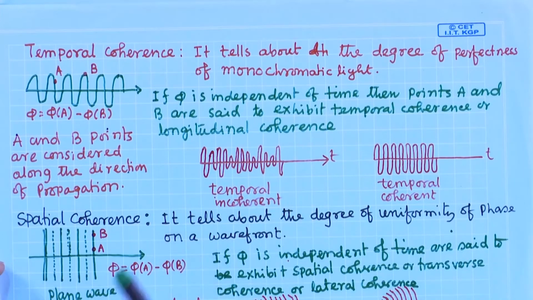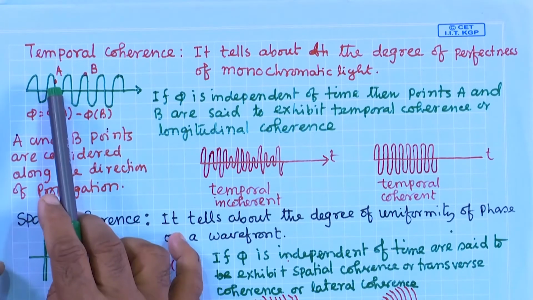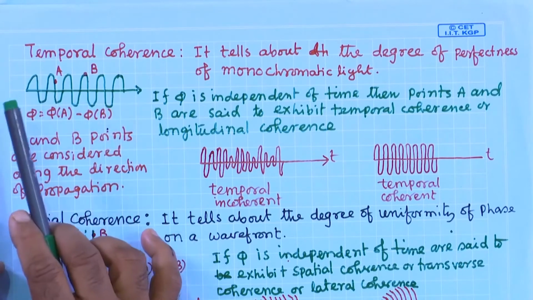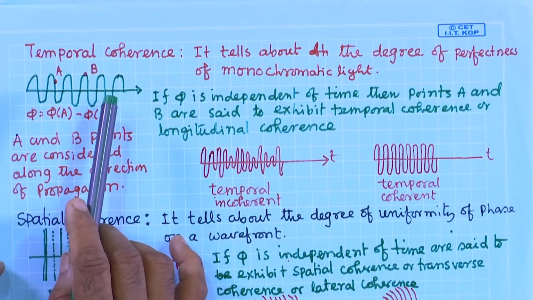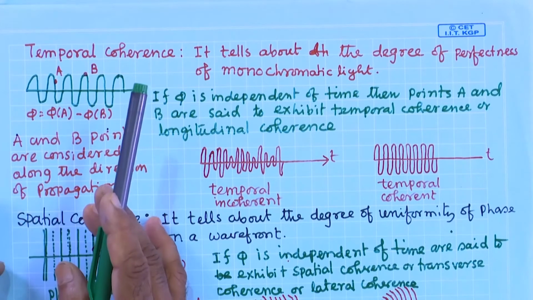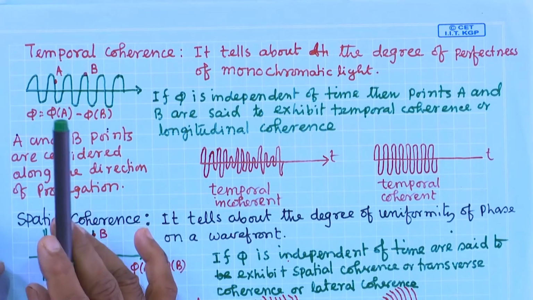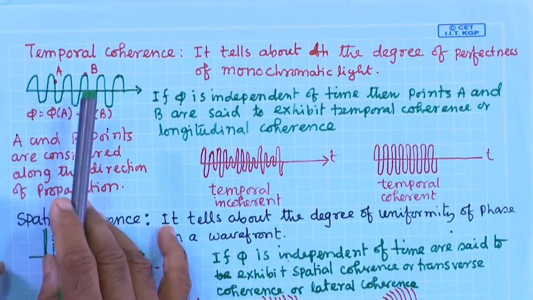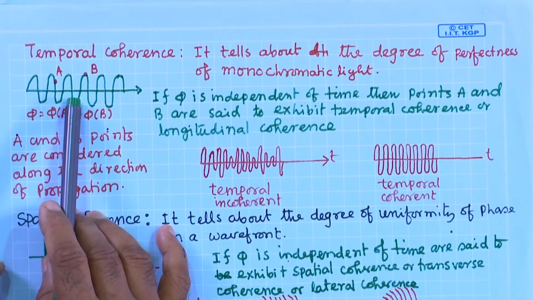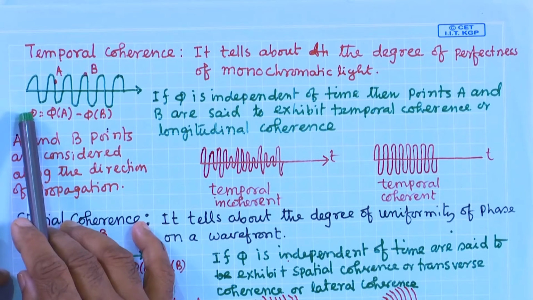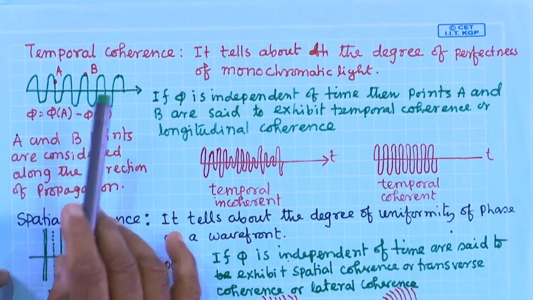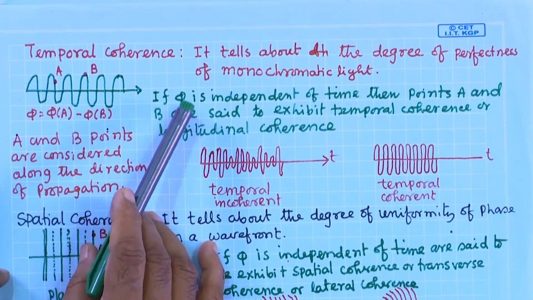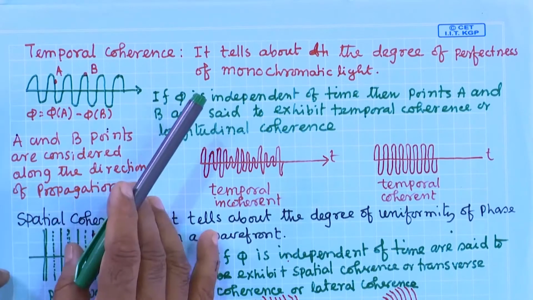So, between two points on the wave in the direction of propagation, if their phase difference remains constant, independent of time, then we say the source is temporally coherent. If it varies, then it is incoherent.